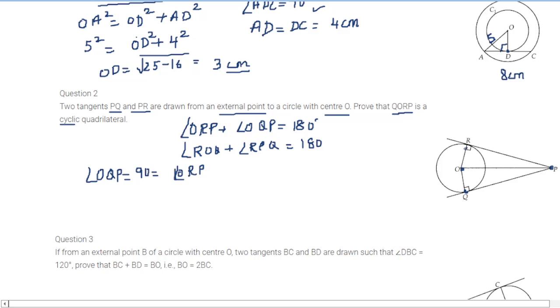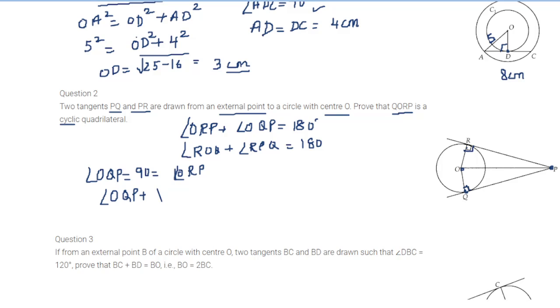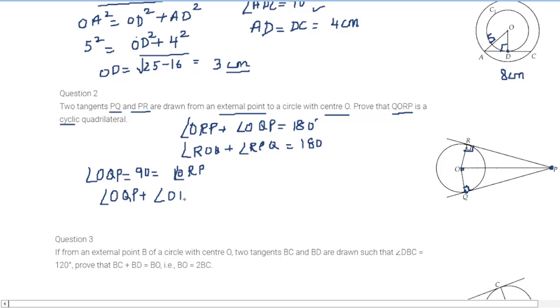So if we add these two, angle OQP plus angle ORP should be equal to 180 degrees.